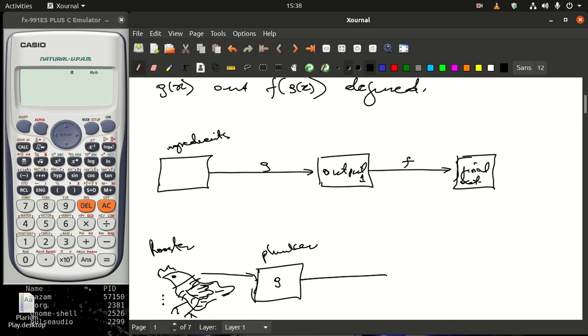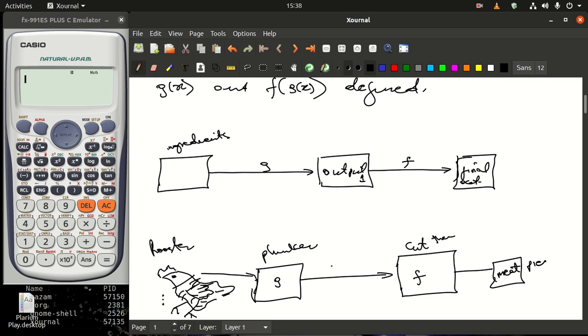Once the feathers have been taken out, we have another machine here, which is our F. This machine cuts the rooster into pieces, and then we end up with our final output, which is meat pieces. This is one way to look at composite functions.